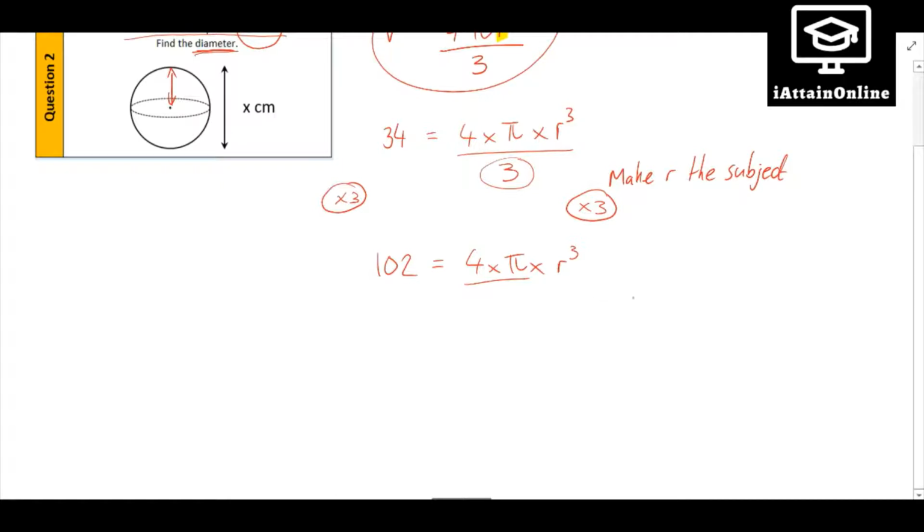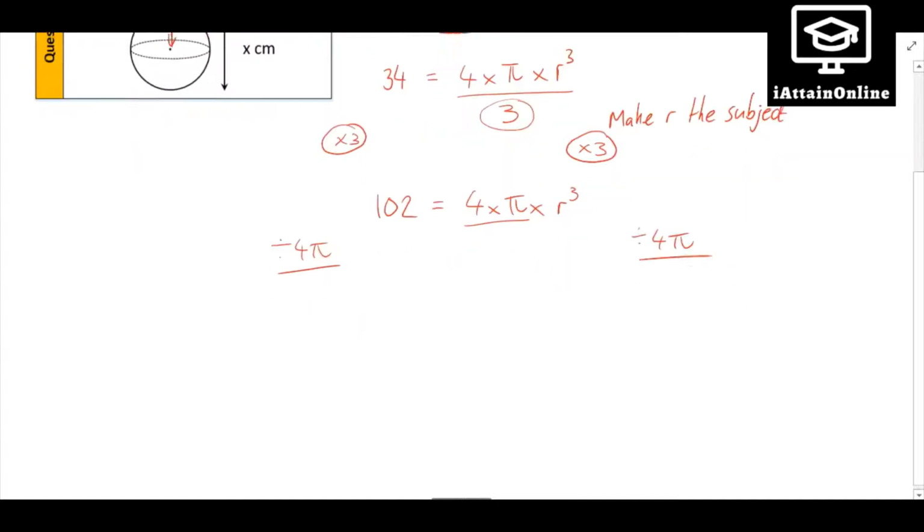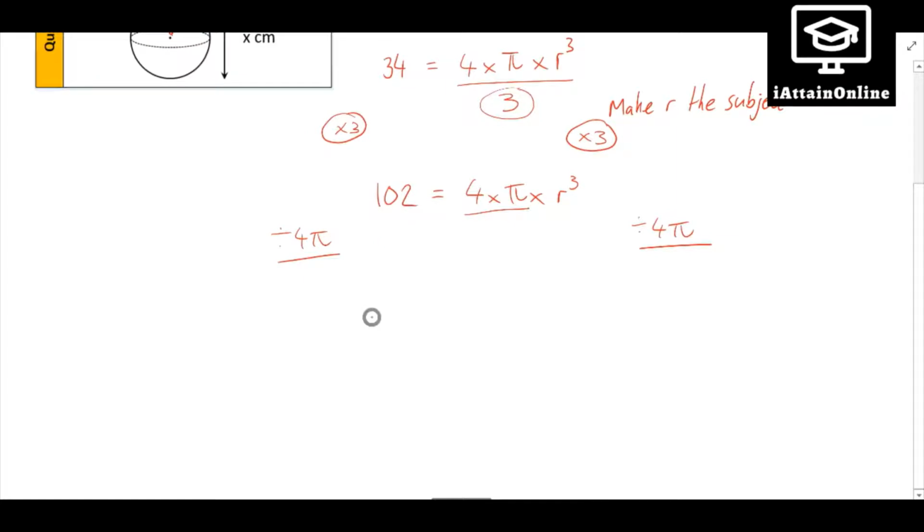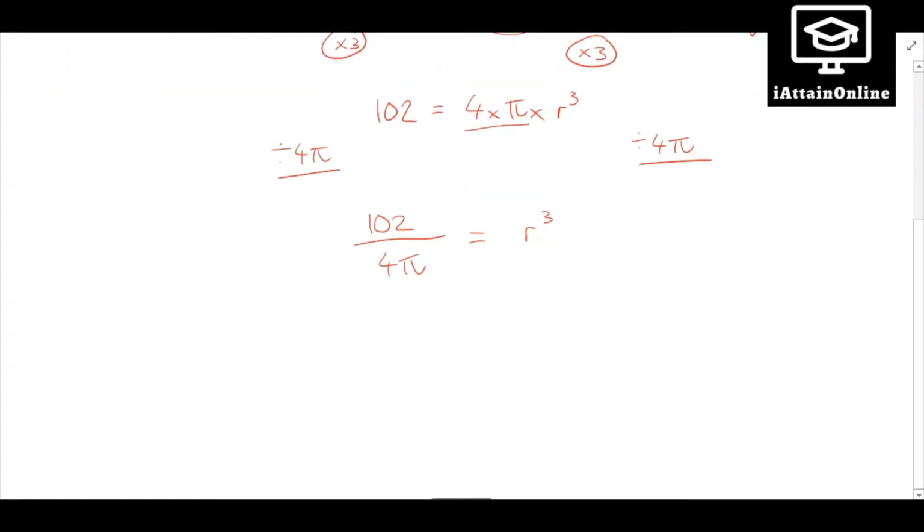So I'm going to divide both sides by 4 pi. And if I do that, I get 102 divided by 4 pi is equal to r cubed. Notice I haven't used my calculator yet. I'm just moving things around so that I only have to put one calculation in my calculator.